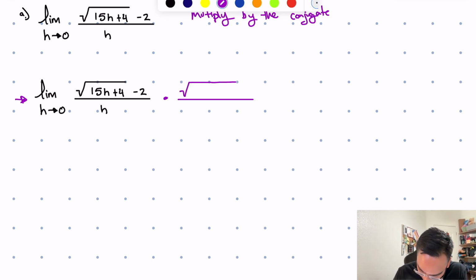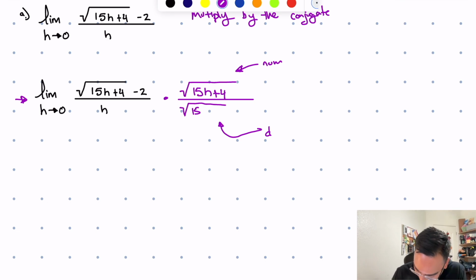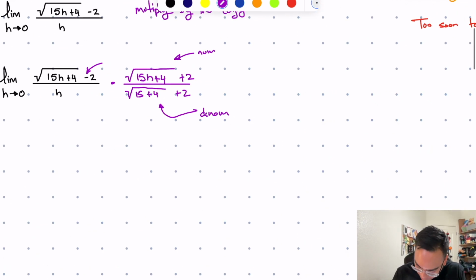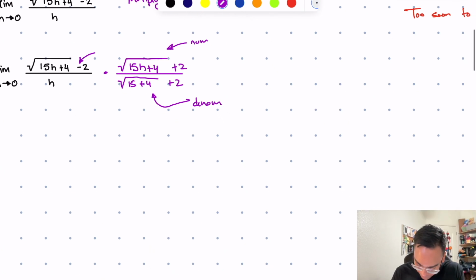So the square root remains the same, 15h plus 4. Now, the only thing that's different, whenever you multiply by the conjugate, so whatever you do to the numerator, so if you don't know, this is called the numerator, and this is called the denominator. Whenever you multiply by the conjugate, you always have to flip this sign. So if it's a minus 2, it's going to be a plus 2. So plus 2.